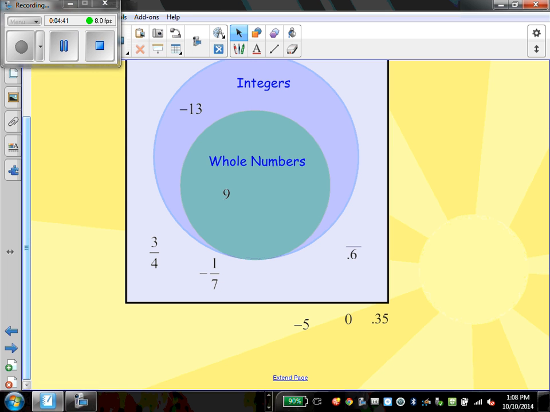It is negative, so that means its best location is with the integers. 0 is a rational number. It's an integer, and it also qualifies for a whole number, so we can put it with the whole numbers as the most specific area for it. And last up, we have 0.35. It's a decimal, so that's going to go out in the outer part with our other rational numbers.